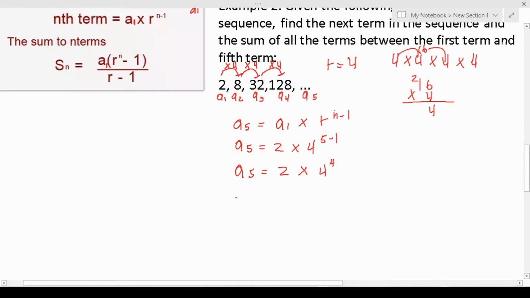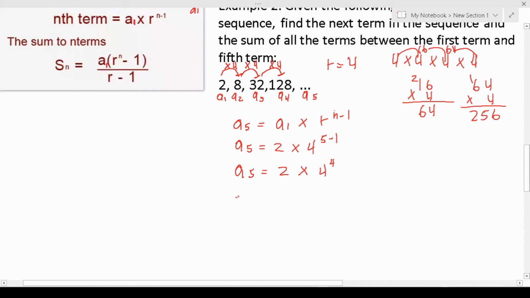Carry your 2. 1 times 4 is 4, plus 2 is 6. So we can see that 16 times 4 is 64. Then we've got to multiply that by 4 again. So that's going to be 64 times 4. 4 times 4 is 16, carry a 1. 6 times 4 is 24, plus 1 is 25.